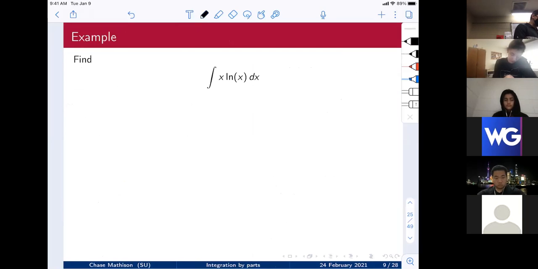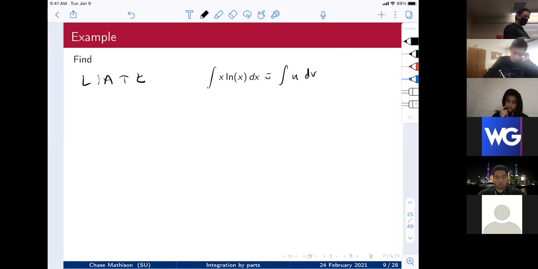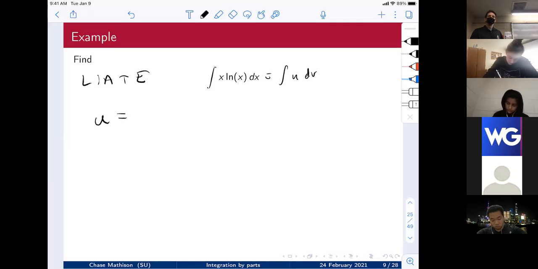Here we go. We want to find the integral of x times the natural log of x dx. So this looks like the integral of u times dv, and we want to find out what u should be. When finding what u should be, I use LIATE. So what do we think u should be? The natural log of x.